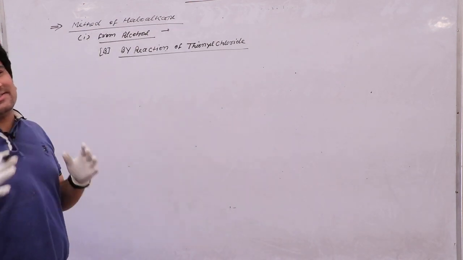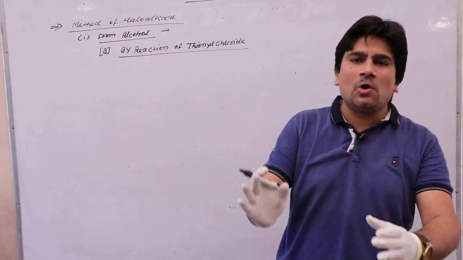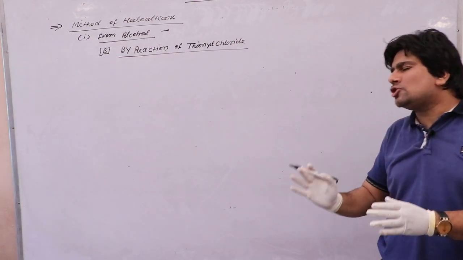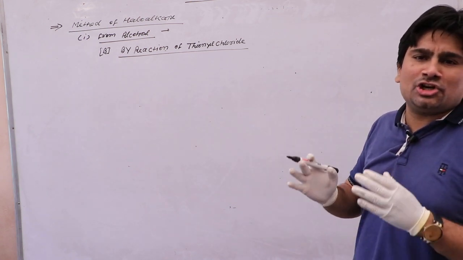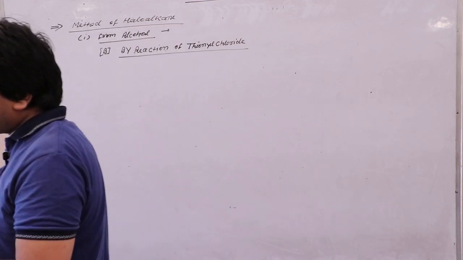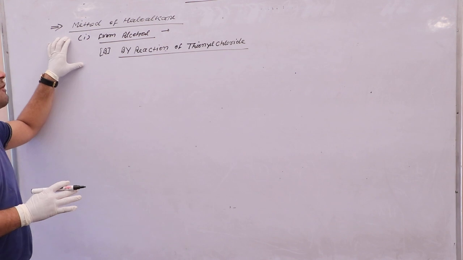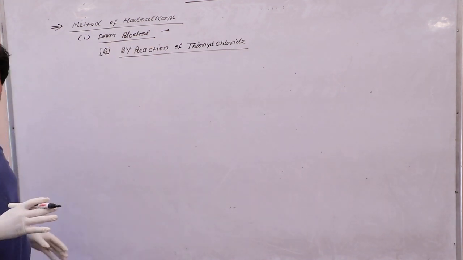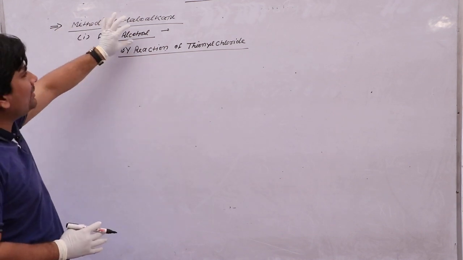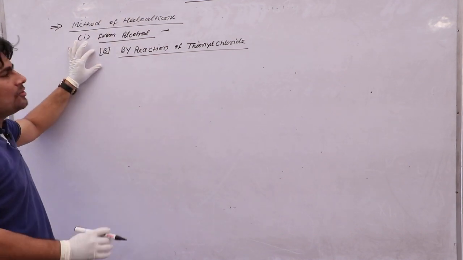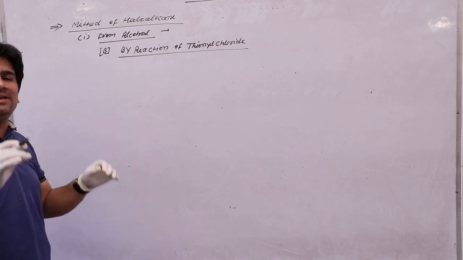In the previous classes, we were studying what a haloalkane is, the classification of haloalkanes, and the methods of preparing haloalkanes. We studied the preparation from alcohol by reaction with PCl3 and PCl5.